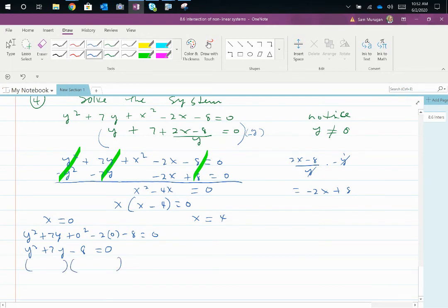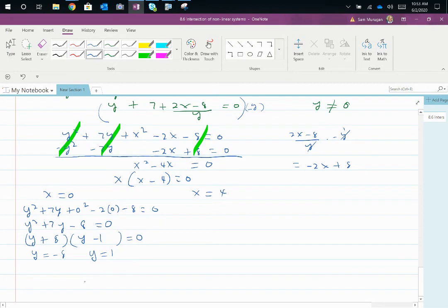Factoring, I have y plus 8, y minus 1 is equal to 0. So y is equal to negative 8 and y is equal to positive 1. So far we've got a solution. When x is equal to 0, y is equal to negative 8. When x is equal to 0, again, y is equal to 1.